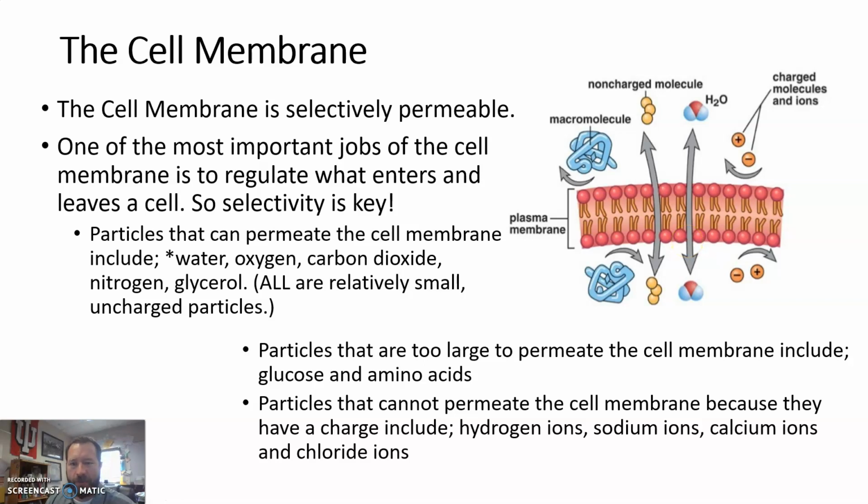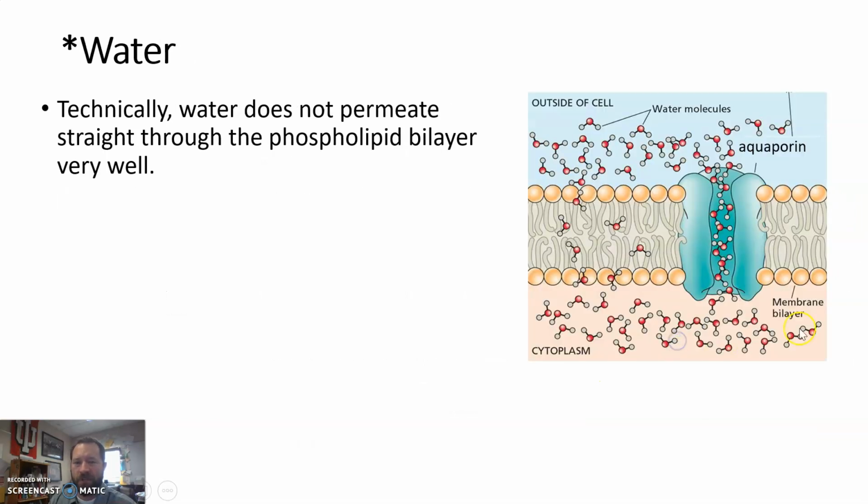A hydrogen ion, for example, is much, much smaller than water. Think about it, water has 2 hydrogens in it and a big old oxygen right in the middle. So the hydrogen ion should be not even a third the size of water. But it's unable to pass through the membrane because it has a positive charge. So charged ions and large particles generally cannot just diffuse straight through the membrane. It is selectively permeable against them.